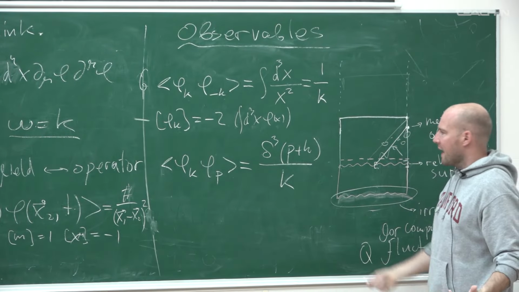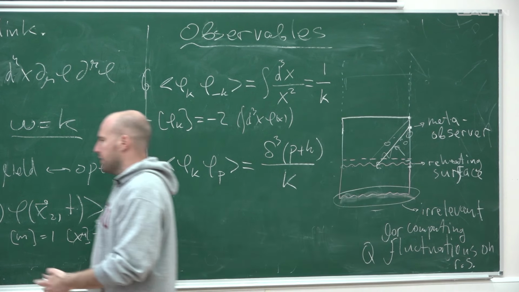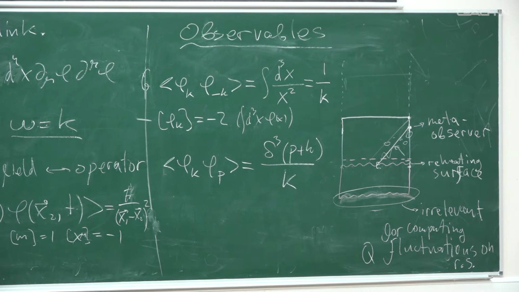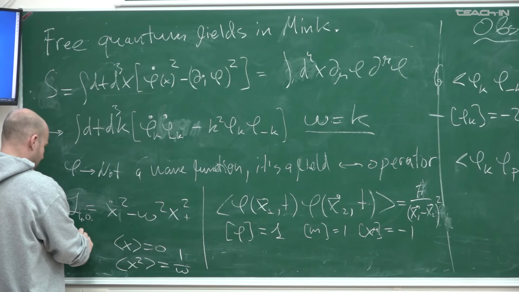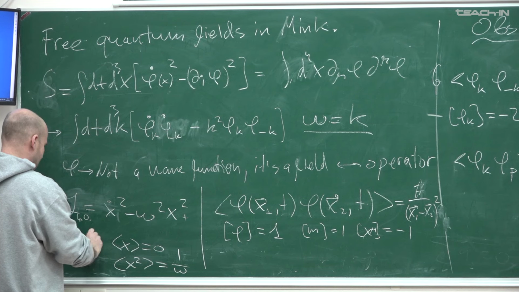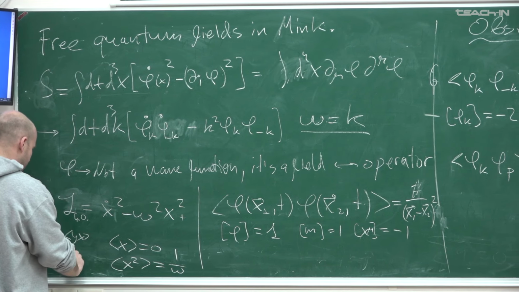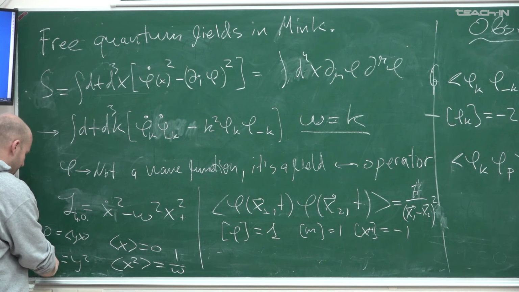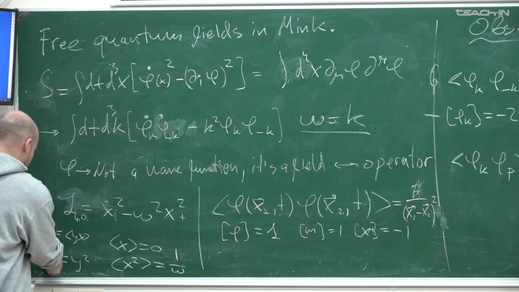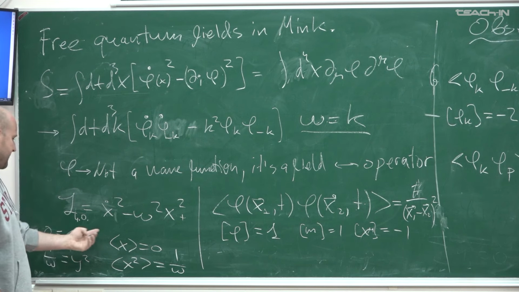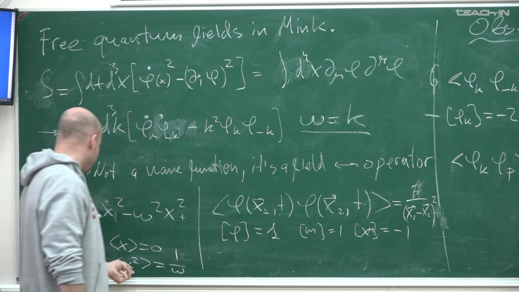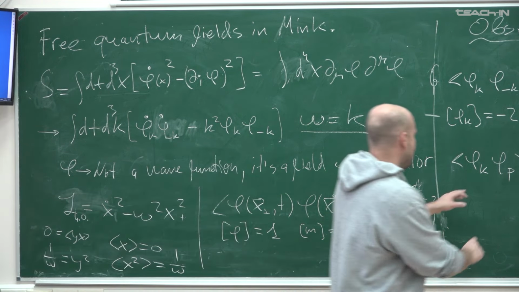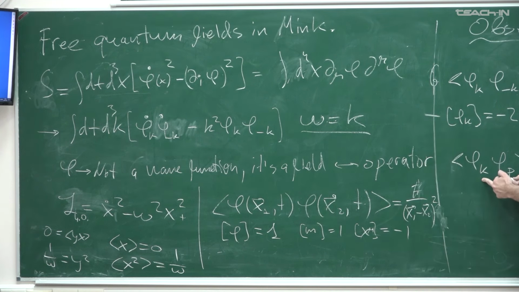But we need to take into account the fact that it's like if you had several harmonic oscillators. For example, we can have 2 harmonic oscillators, x and y. Then the expectation value of yx should also be 0, and the expectation value of y squared should be 1 over omega, if they have the same frequency. So this delta function tells us that off-diagonal expectation values should be 0.